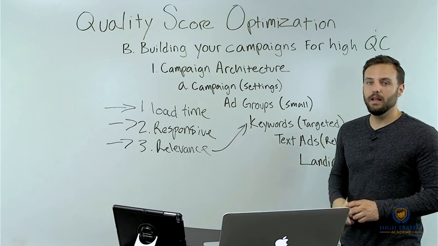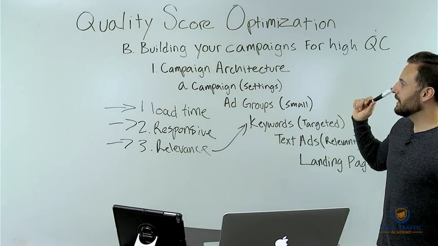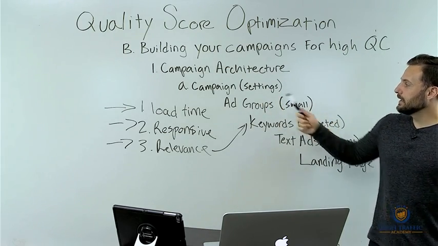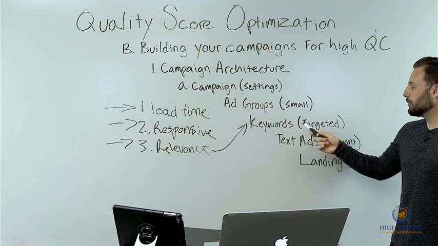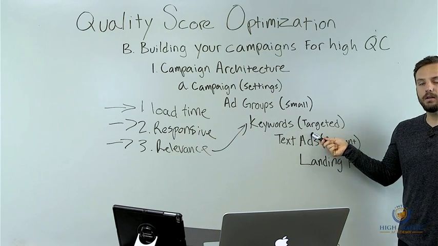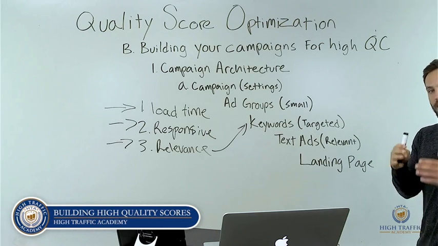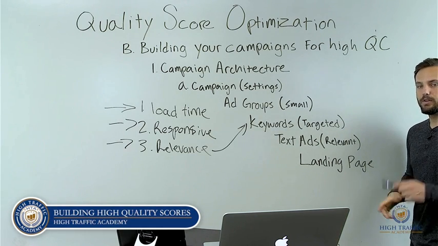This is something that, as a pay-per-click advertiser, you need to get down. So once again, your campaign architecture and building it for high quality scores: make sure your campaign settings are correct, make sure your ad groups are small with only 1 to 3 keywords in them. Make sure your keywords are very targeted so that when a user is searching for a product or service, the keyword that you're bidding on gives them an exact response to what they're searching for.